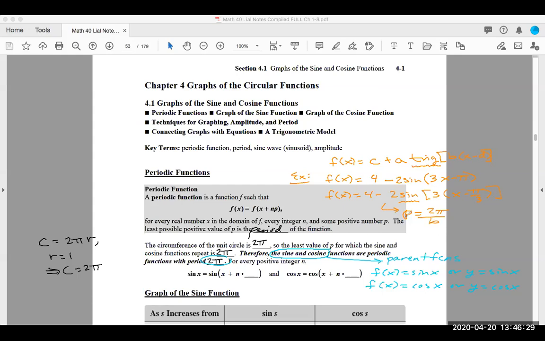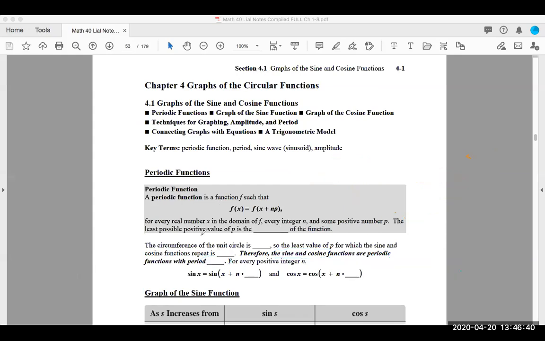All right, let me save that, and then I'm going to go ahead and clear this screen. So remember, for this part here, we have a period of 2 pi, so 2 pi is going to go in here.